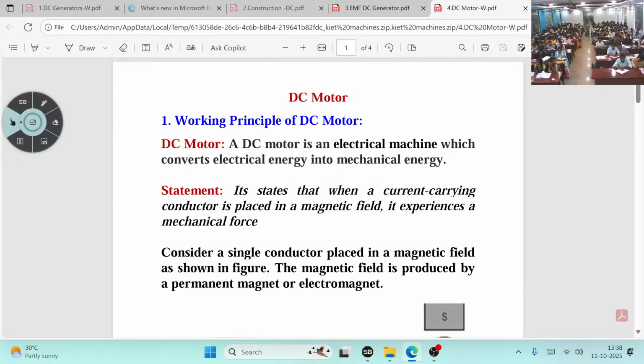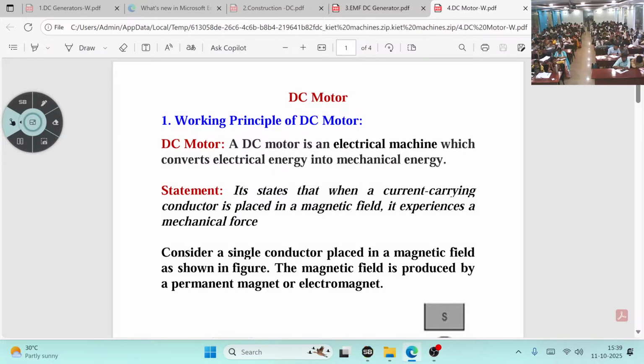So what is the principle? Same, it works with the principle of Faraday's laws of electromagnetic induction, but the input is changing and we are getting output. So now input is electrical. Output is mechanical.